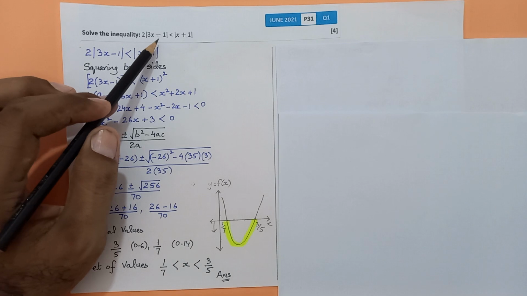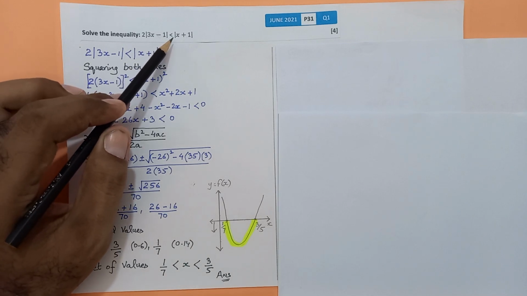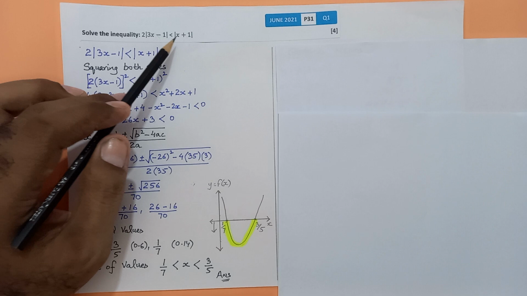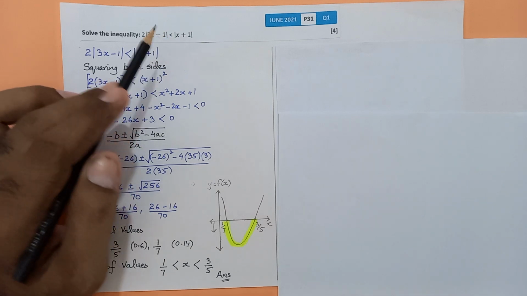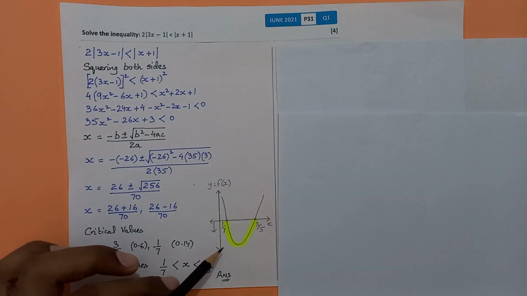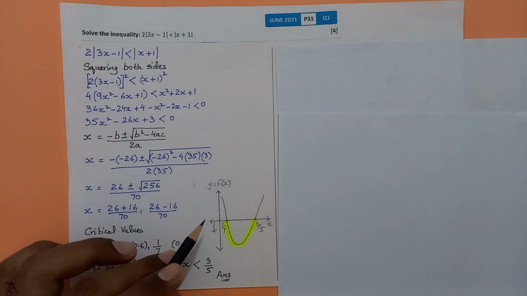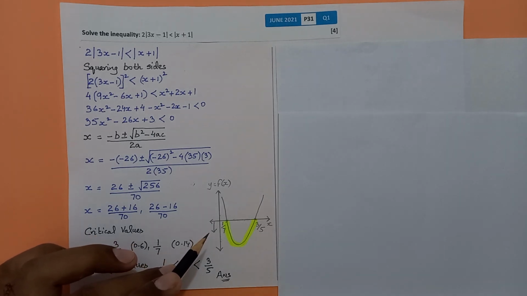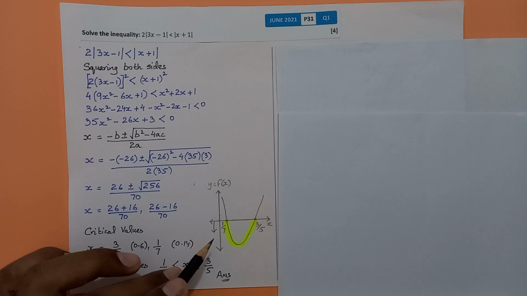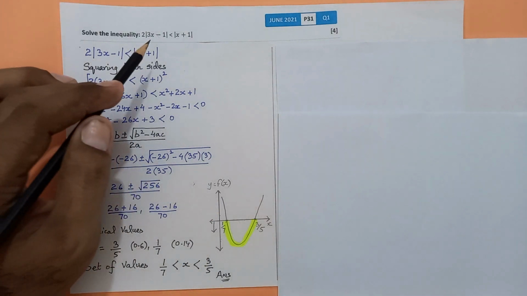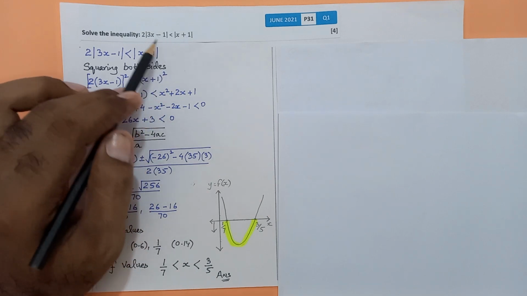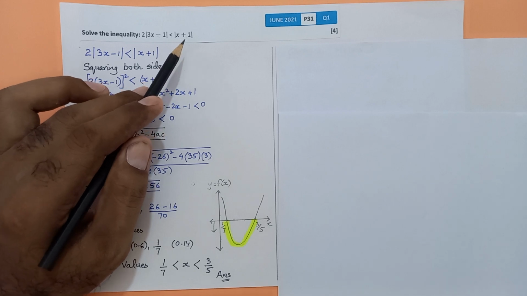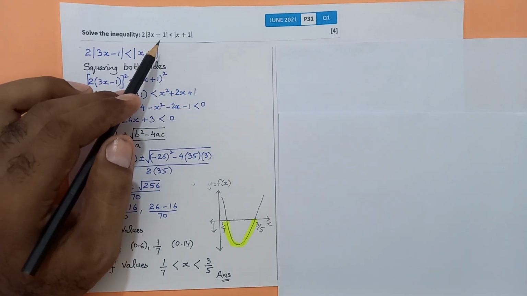When we discuss those questions where we have the modulus sign on just one side and the other side does not contain the modulus sign, all this process would be the same till here, but at the end there would be a slight change in the observation and the working, so that we could get the actual and required set of values. At that time I would be comparing both the questions, modulus on both sides and modulus on just one side of the inequality.